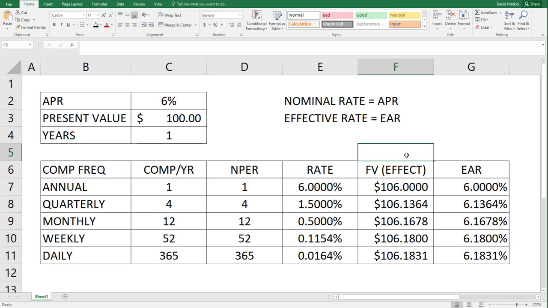Right? This is a really important concept. So that the APR becomes kind of a shorthand for talking about this rate of growth, but it's not the true effect of the rate of growth. I think one example that makes sense to me to think about this is when we look at our weather app and we see what the temperature is, it's not really what we feel as a temperature.